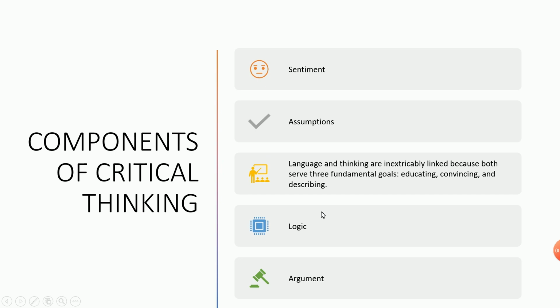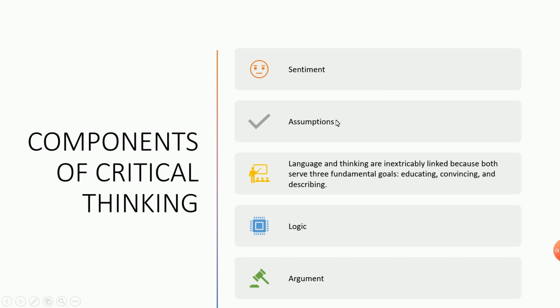Next is logic. We try to identify the possible logic, so we do not think of other things which do not carry our own logic. Next is argument. You can say it is a process also. First is our own sentiment.